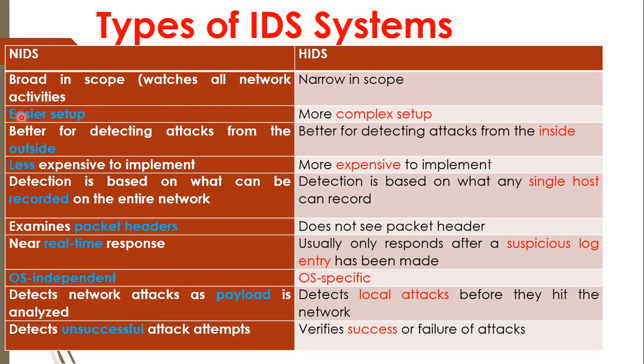In NIDS, it is very easy to set up, by analyzing the device connectivity, router data, and the log data at every router. Compared to NIDS, it is more complex in HIDS. With NIDS, it is very easy to identify attacks from the outside, by analyzing the network traffic.